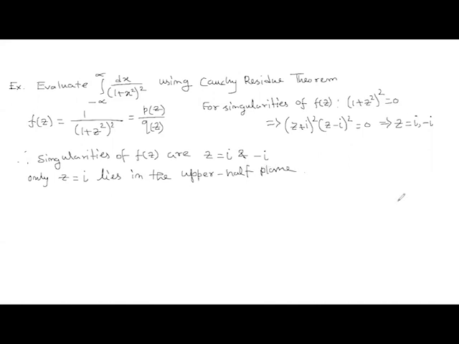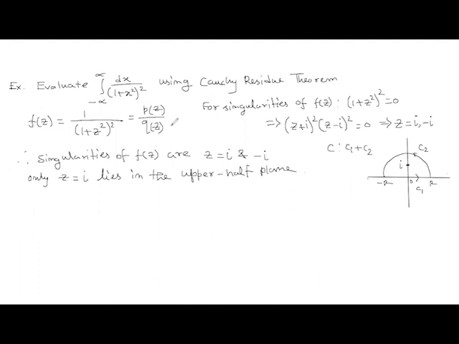Now our task is to construct a closed Jordan curve. So here we'll take a semicircular region from minus R to plus R with center 0 and radius R, consisting of C1 and C2. The curve is C, which consists of C1 and C2, and the singularity i is situated over here.